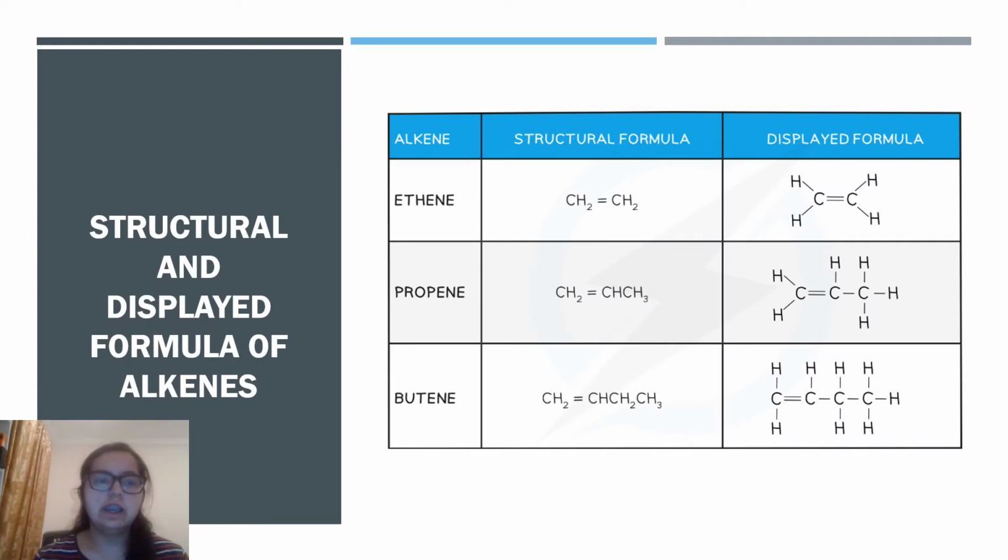Next, structural and displayed formulae of alkenes, sorry. So ethene, this is going to be the structural formula. As I told you, structural formula is an unambiguous way of showing how the atoms are arranged. So here it is written CH2 double bond CH2.